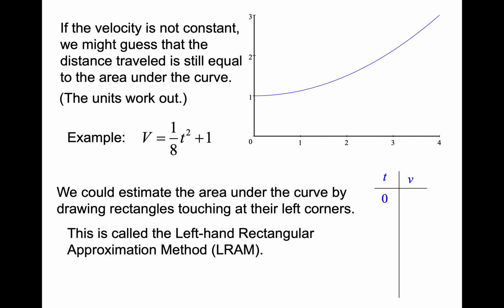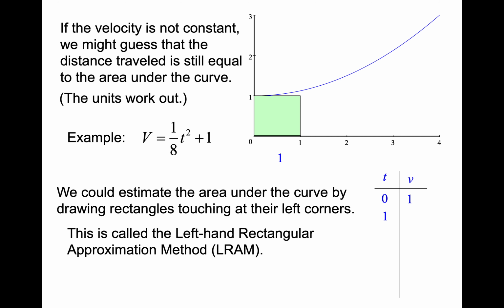If you plug a 0 into the function, you get 1 for the velocity, and that represents the height. So the height of that rectangle would be 1, and we see that we get an area of 1.